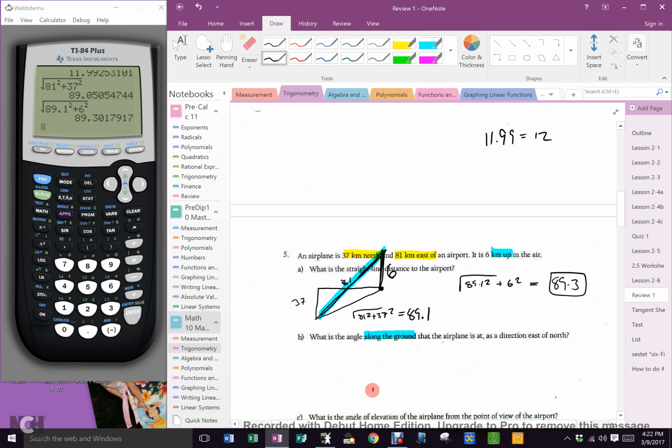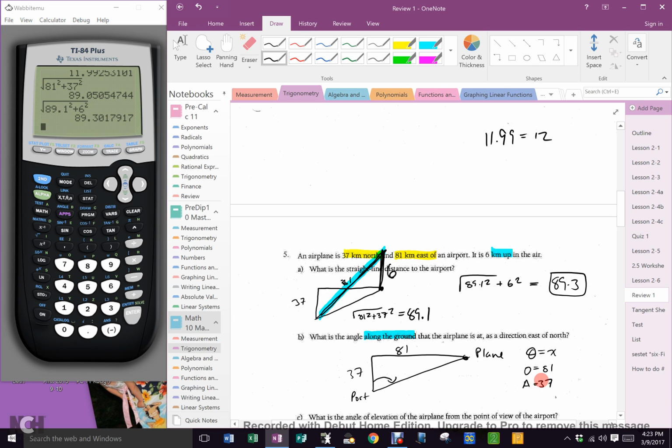What is the angle along the ground? So if it's on the ground, I know I've got 37 and 81. I need the angle to get to the plane. Here's the airport. Here's the plane. So I need the angle between them right there. And I need it east of north. So once I find this angle, my theta, I don't know, but my opposite is 81 and my adjacent is 37.